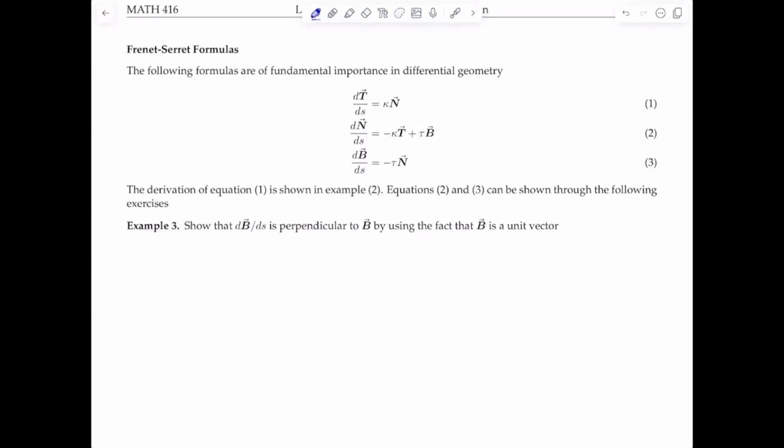Through a constant called torsion. Torsion means how much you twist the plane. You have this plane, how much it's going to get twisted. And okay, so equation 3 tells you the relationship between the binormal vector and the normal vector. And the second equation tells you the relationship between all three vectors, sorry.